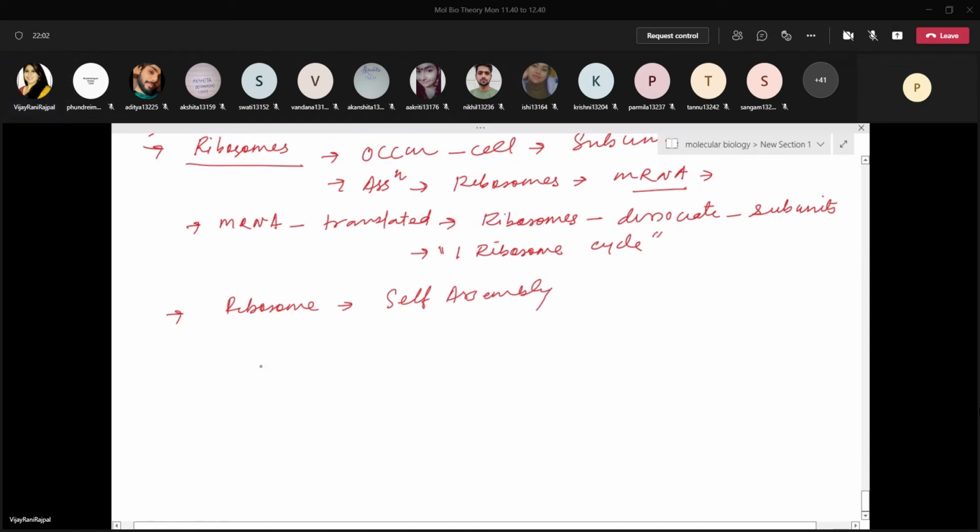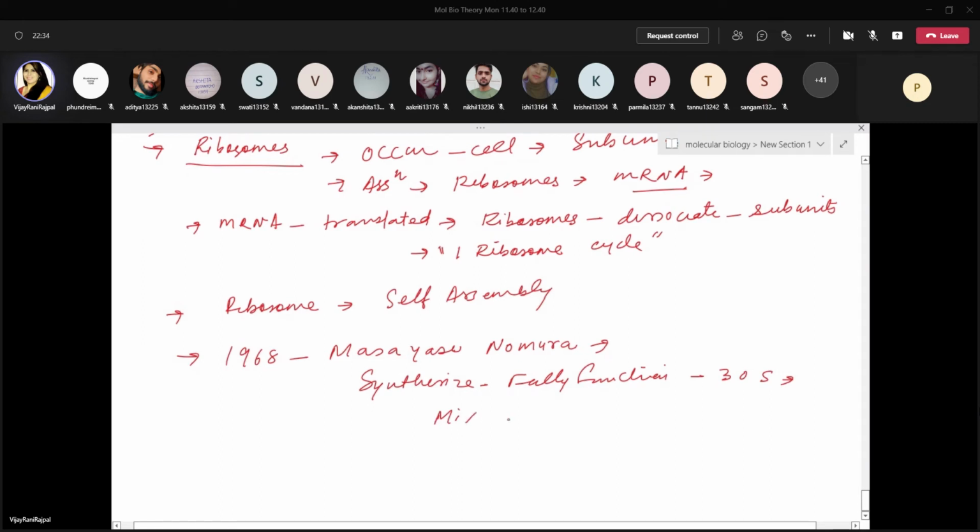In 1968, Masayasu Nomura, a Japanese scientist, was the first one to synthesize fully functional 30S ribosomal subunits artificially, by mixing the specific ribosomal RNA and the proteins.